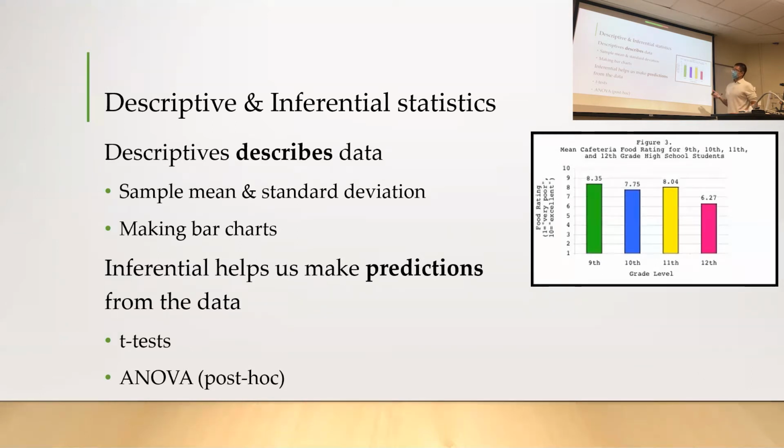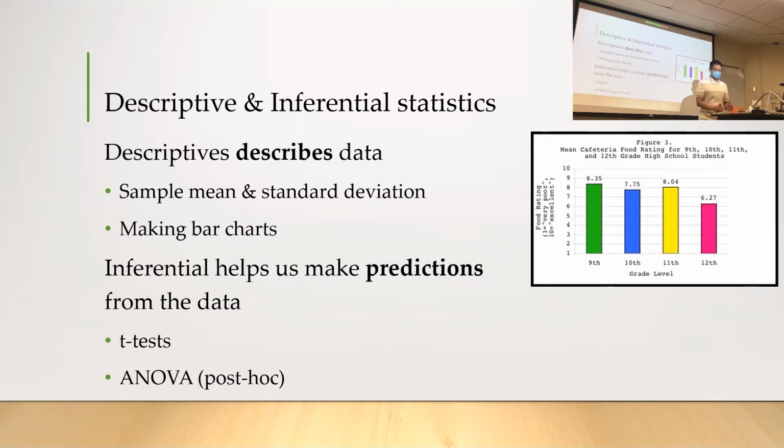Okay, so after you got the descriptives, you will perform inferential statistics, and those are like t-test, ANOVA, and post hoc. And you might not know what they mean if you haven't taken the stats yet. So basically, if you have 2 groups, let's say in your design, you have 2 groups.